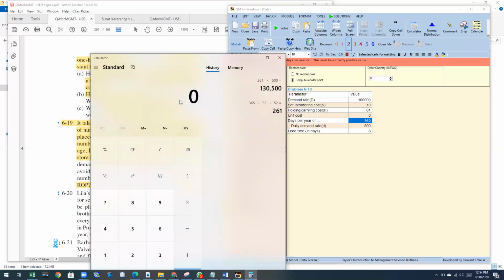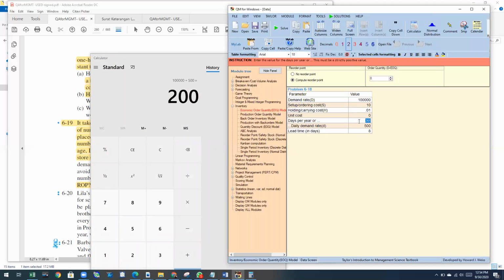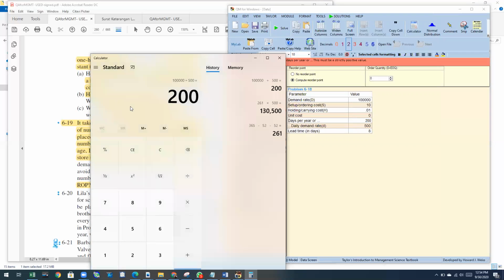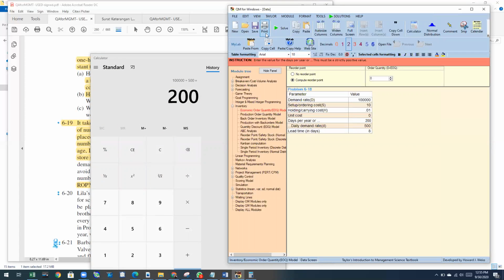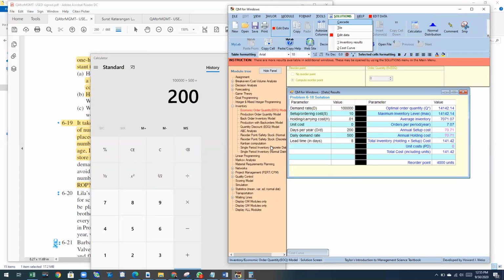So how many working days will that be? If we have 100,000 annual demand, and every day there are 500 demand, then the working days should only be 200. So it looks like the days should only be 200. This would be the working days in a year. Okay, and then it will probably help solve this problem.